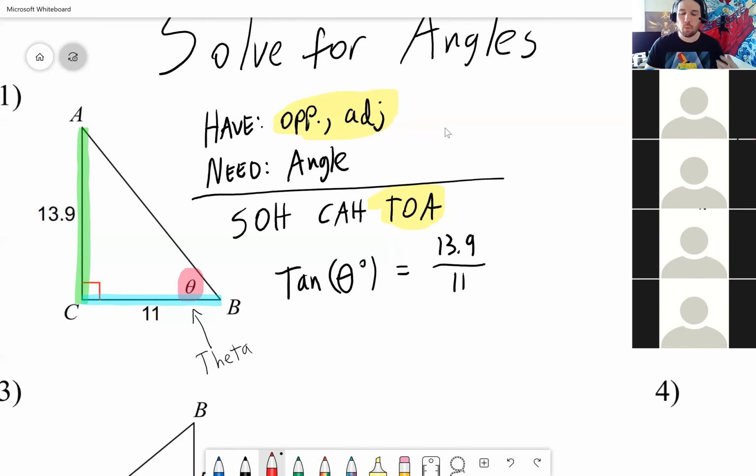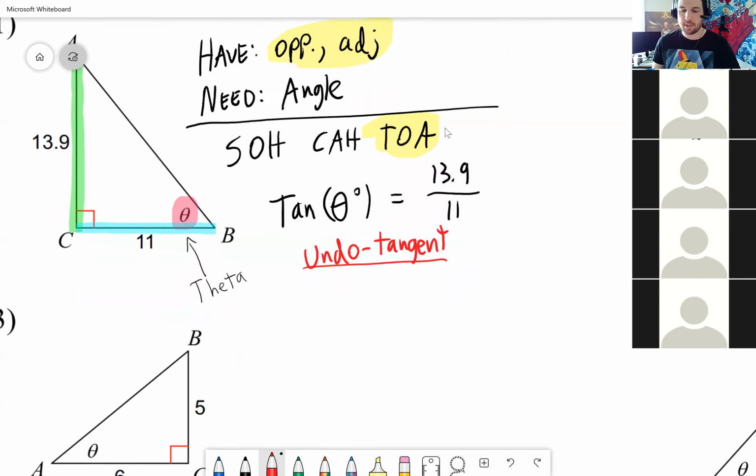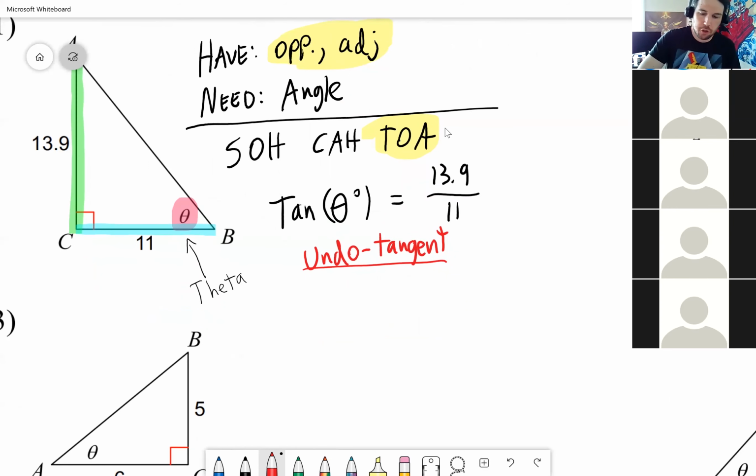So there are two ways to write this undo tangent function, okay? We just made up the word tangent. We're going to make up an untangent so that we can get that angle out of there, right? We can't divide by tangent. Tangent isn't a number. And on your calculator, it should look like tangent -1.